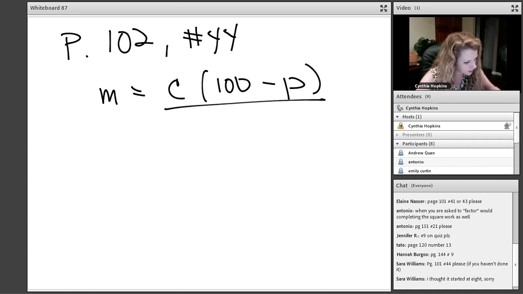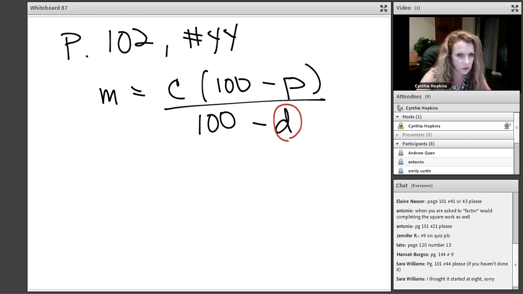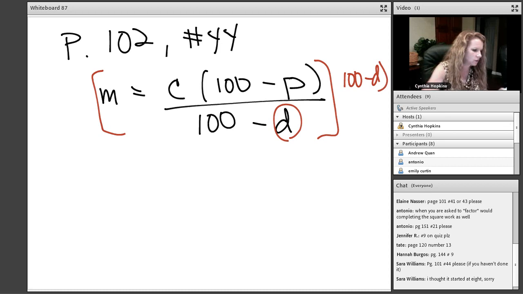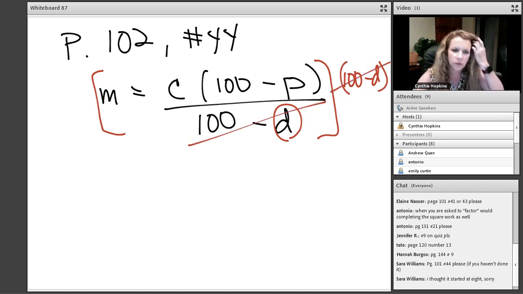All right. So it says little m equals C, the quantity 100 minus P, all over 100 minus D, and they're asking me to solve for little d. Okay, I see an equation with fractions in it, so let's get rid of our denominators.